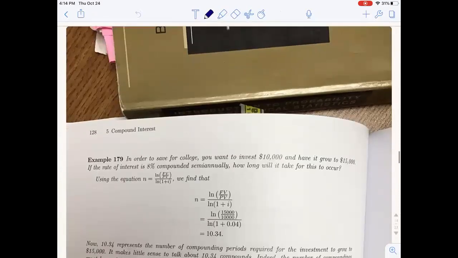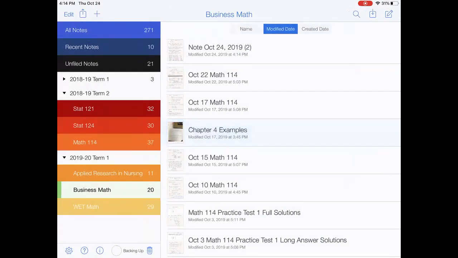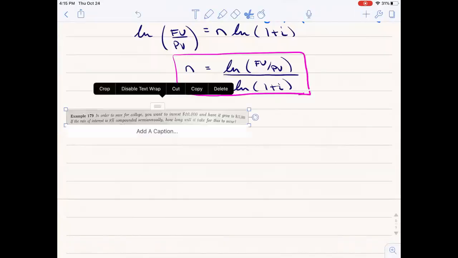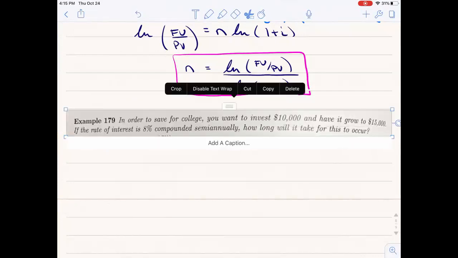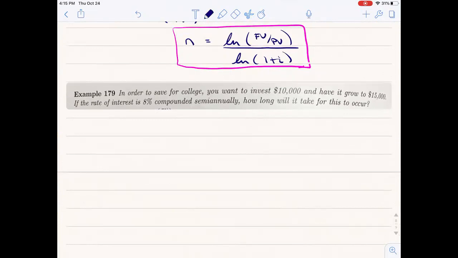Let's do example 179. In order to save for college, sound familiar?